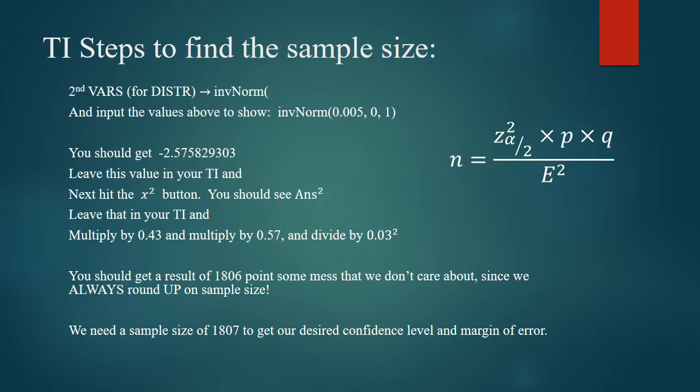We want the inverse normal distribution, and I'm going to go through one of the ways to do this on your calculator in the next slide. But for now, know that you get to that. You're going to enter your area, your alpha over 2, mean of 0, standard deviation of 1, and bam, out pops negative 2.575, and so on.